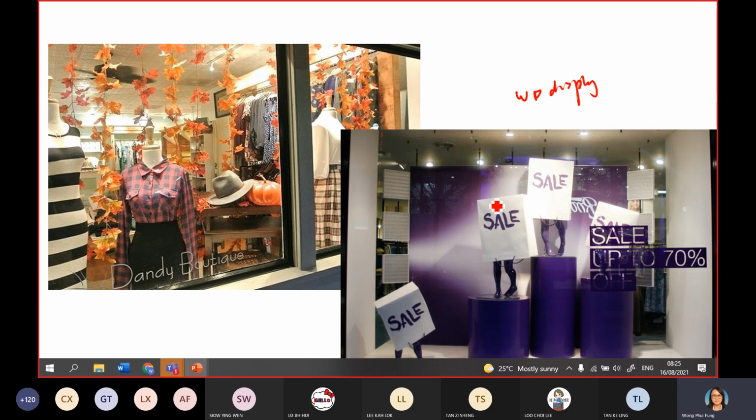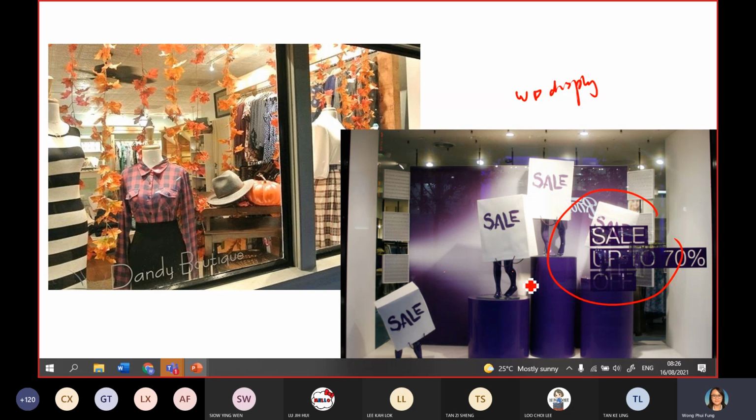If the shop front has something interesting in the window, for example, wow, sales up to 70% off, that is the thing that starts to attract the customer to go inside the shop.